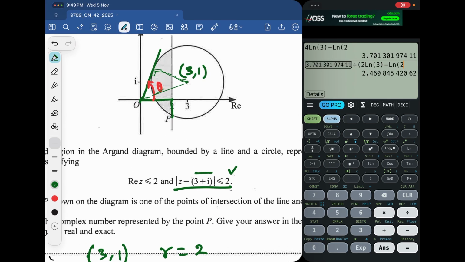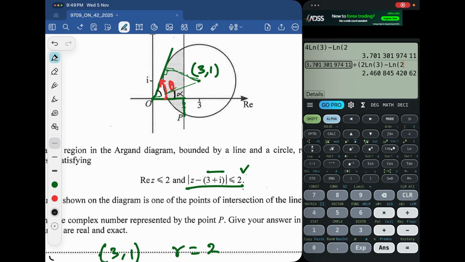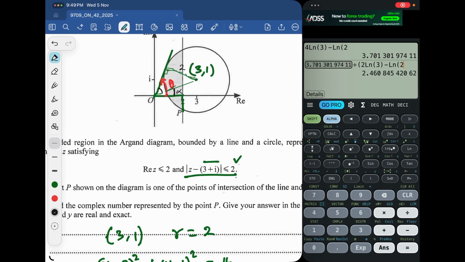So I'm just doing some working. So we can find this angle. Okay, let's call that alpha. And we can also find this angle because the radius is 2, right? So the radius is 2. And we can find the distance of O to the center.